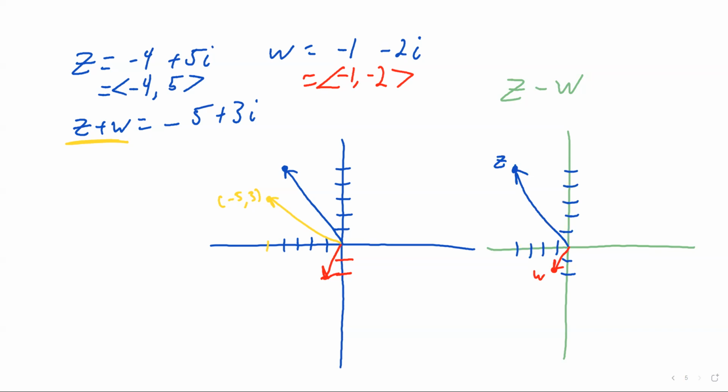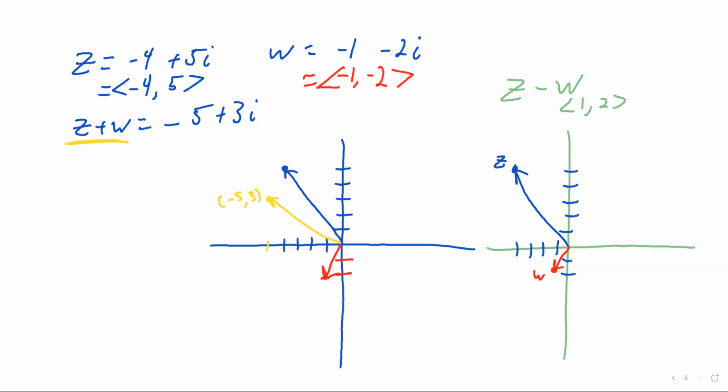Like Jacob just said, if I'm going to subtract W, the same concept as what we did on the warm-up, we distribute that negative, and that W now becomes what? It becomes +1, and then comma +2, because it ends up being a +2i.